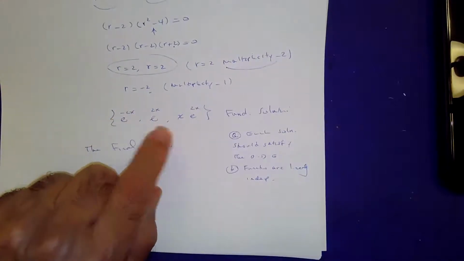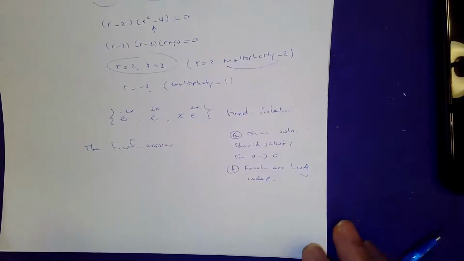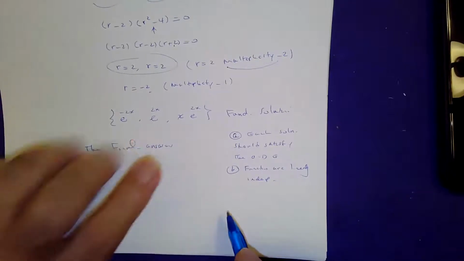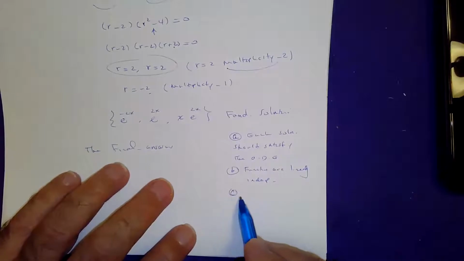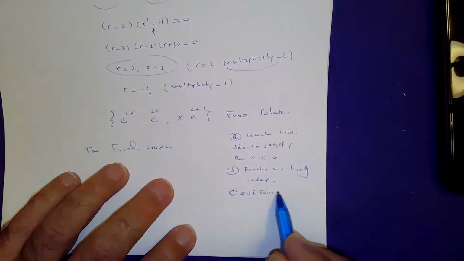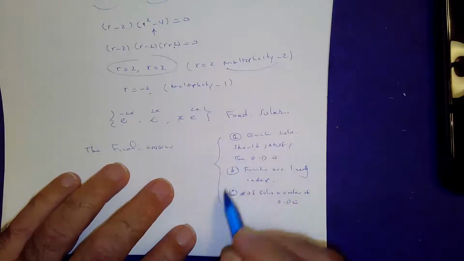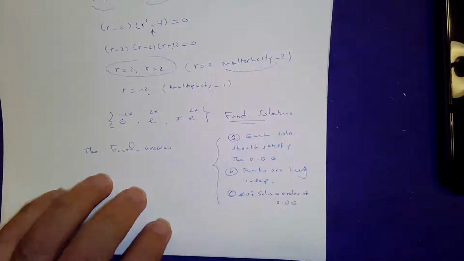If you have 2 functions, you just take the ratio and make sure it doesn't come up as a constant. But when you have 3, the ratio doesn't work. But let's say these are linearly independent, and the number of solutions should match the order of the ODE.